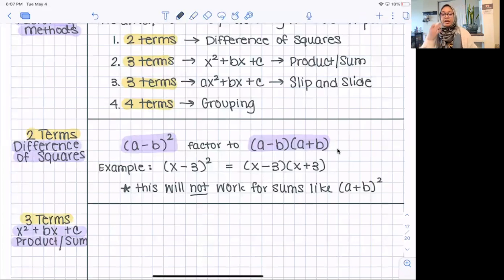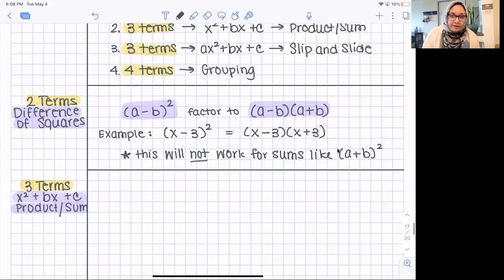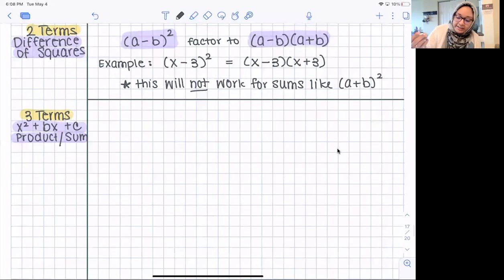All right. So with the product sum method, we have, again, like I was saying, our trinomial is in the form x squared plus bx plus c, where b is a coefficient, a number, and c is a constant, also a number, okay?